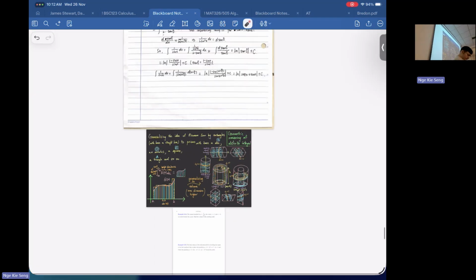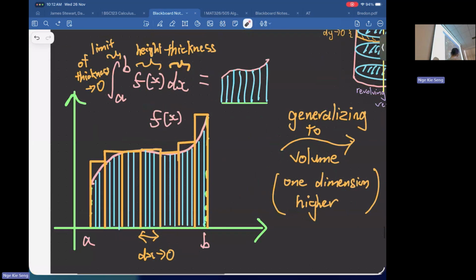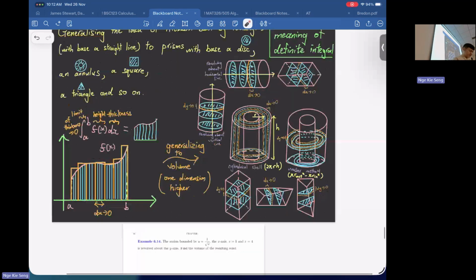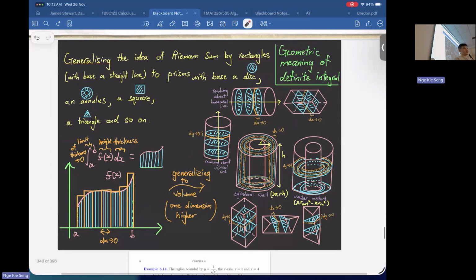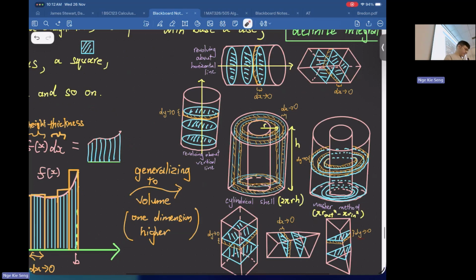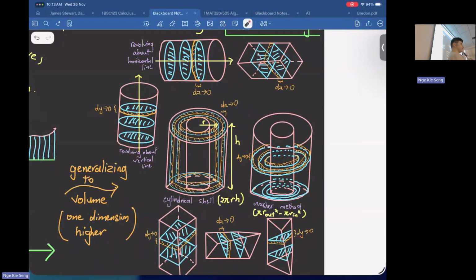For example, if you look at our integral here, the thickness happens in the x direction, so you integrate over the x direction and get the geometric meaning of this integral. Later we'll try an example, so try to understand the slicing of these faces. Any question on how to read this picture? If not, let's try some examples.